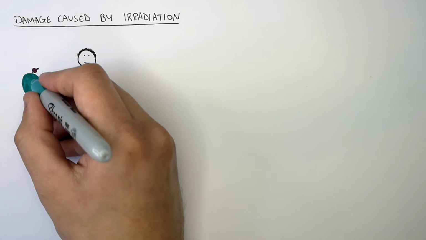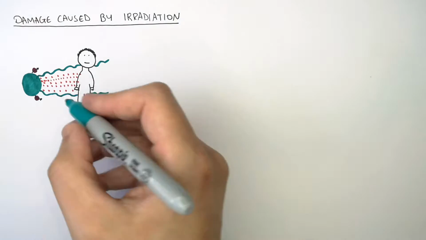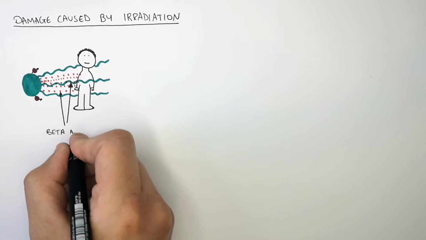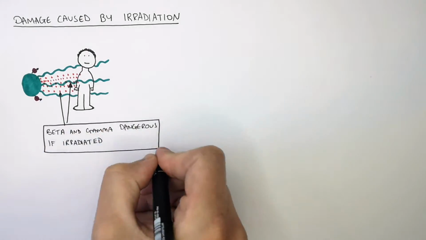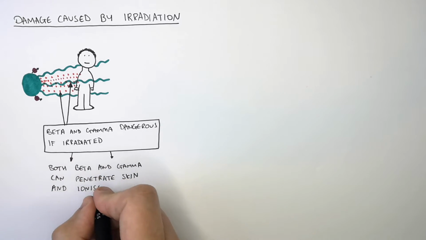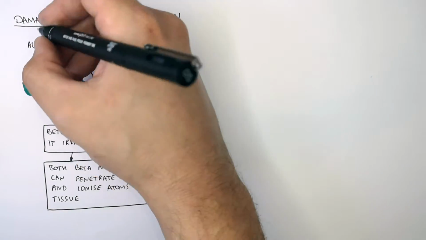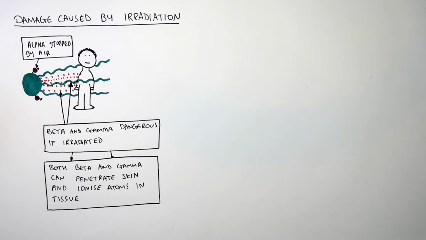And gamma radiation is definitely going to pass through and potentially ionize atoms in the cells of this person. So beta particles and gamma radiation are dangerous if irradiated, because both beta and gamma can penetrate and ionize atoms in human tissue. However, alpha particles are stopped by air, so they will not ionize any atoms in human tissue.